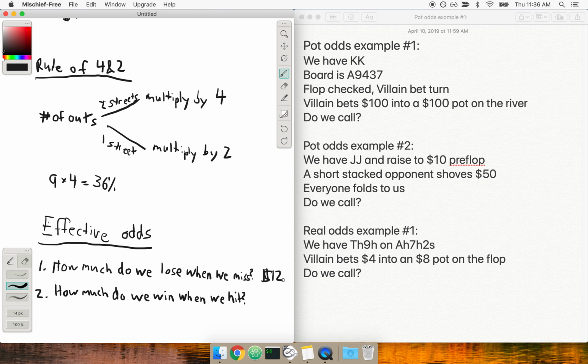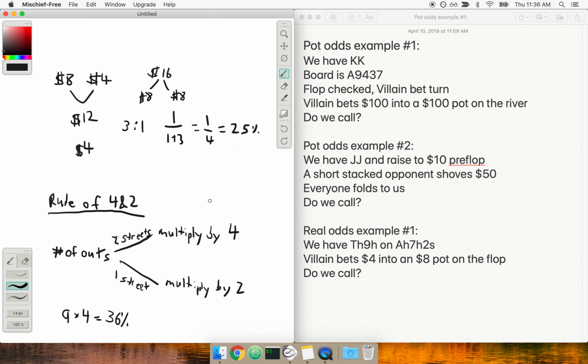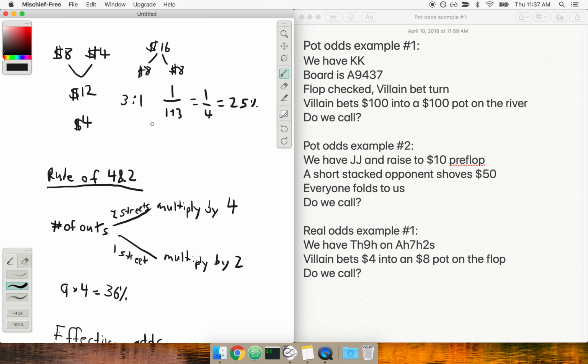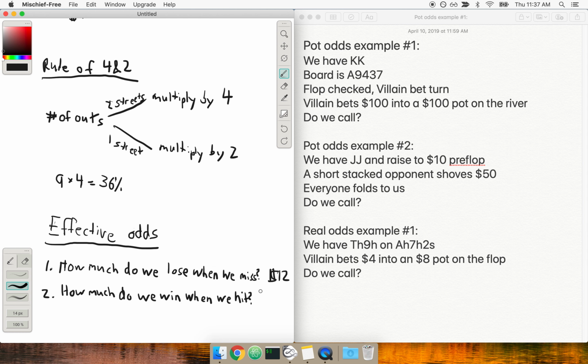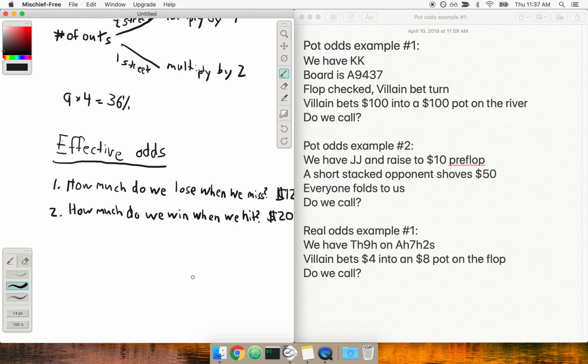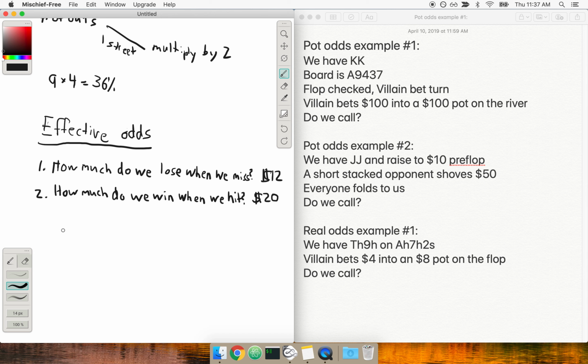But when we hit, we're not only winning this $12 on the flop, the initial 8 plus our opponent's 4, we're winning this 12 plus another 8 on the turn. So we can scroll down and say that when we hit, we actually are going to win $20. Okay, so now this is going to give us our effective odds.